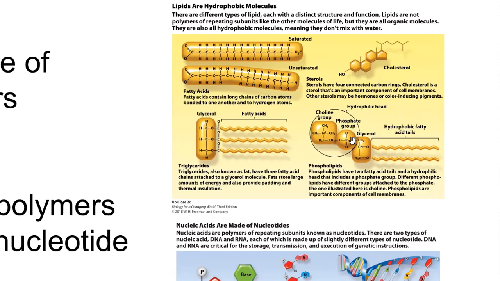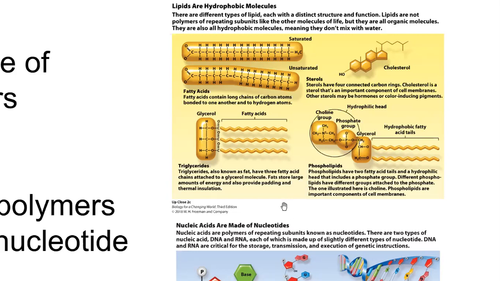So it's going to interact with water. It's going to be cool with water. This part here is very hydrophobic. Phobia, fear; hydro, water; fear of water. So phospholipids have 2 different characteristics. One is not cool with water and the other is cool with water. We will shortly dive into that in a little more detail.